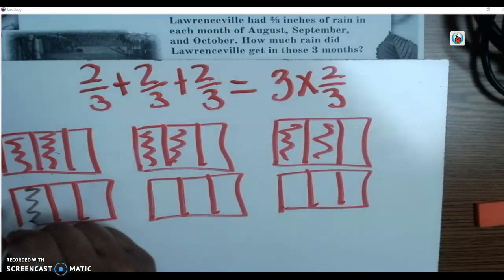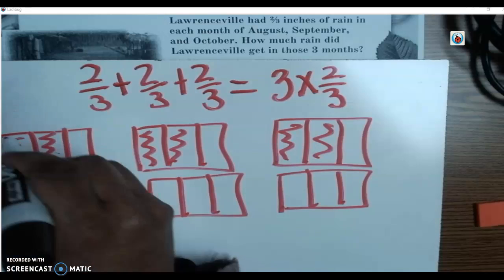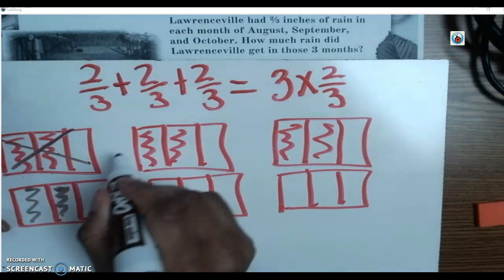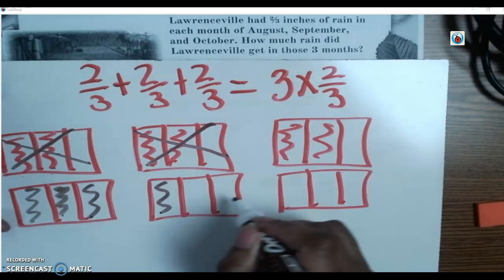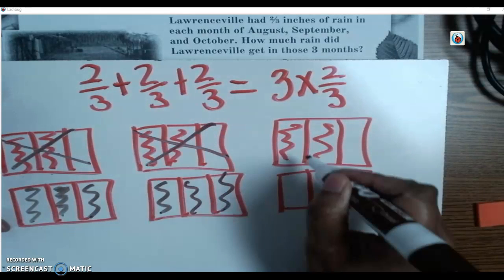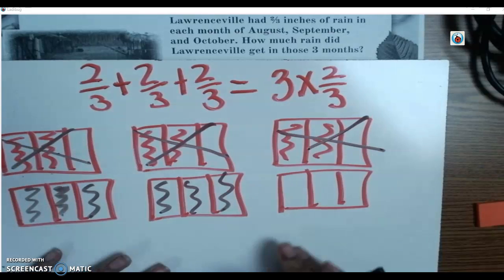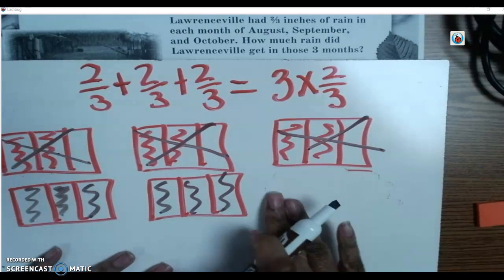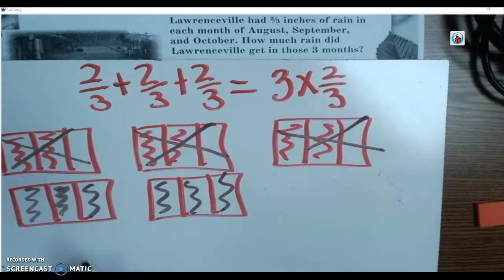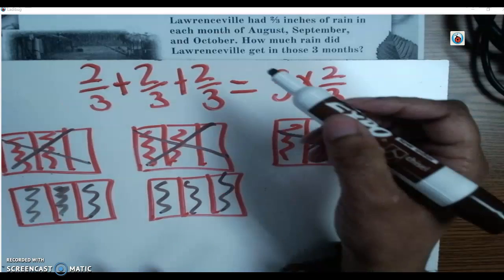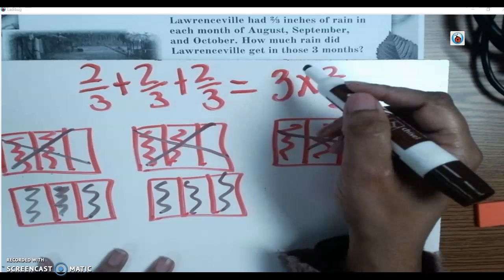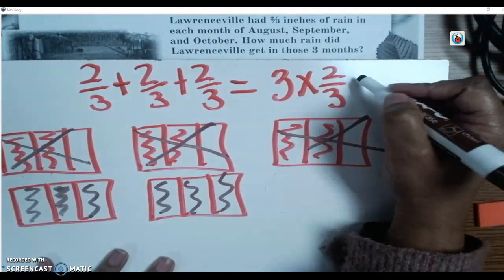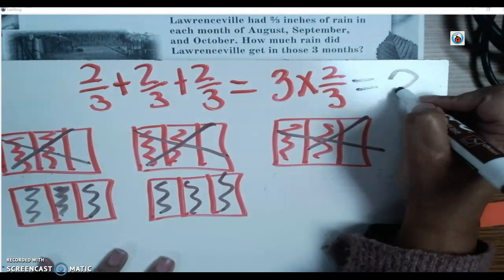So 1, 2, that's for this one. 1, 2, that's for this one. 1, 2, that's for this one. So I don't really need this model. So I'm left with 2. So 2/3 plus 2/3 plus 2/3 is equal to 3 times 2/3, which is equal to 2.